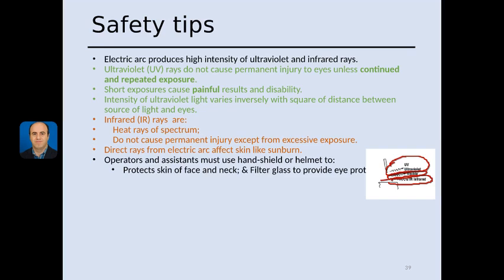So it causes some disability or a painful result. And the intensity of the UV light varies inversely with the square of the distance between the source of the light and the eyes.